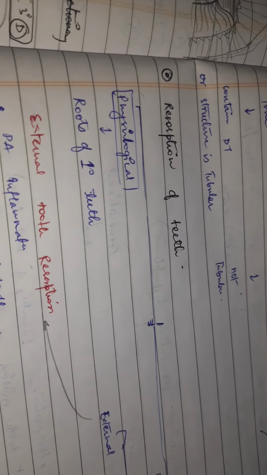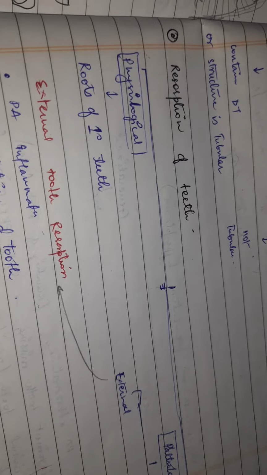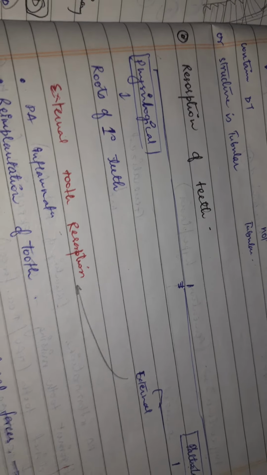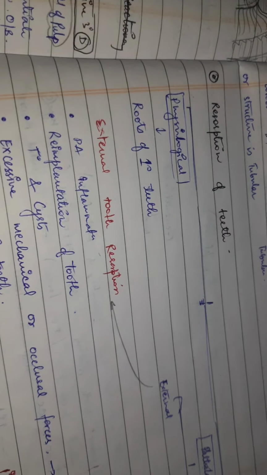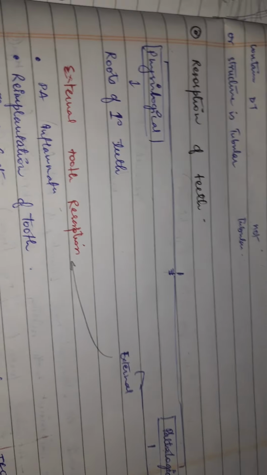Now resorption of dentine: physiological and pathological. Physiological is resorption of the roots of primary teeth. Pathological is external and internal.